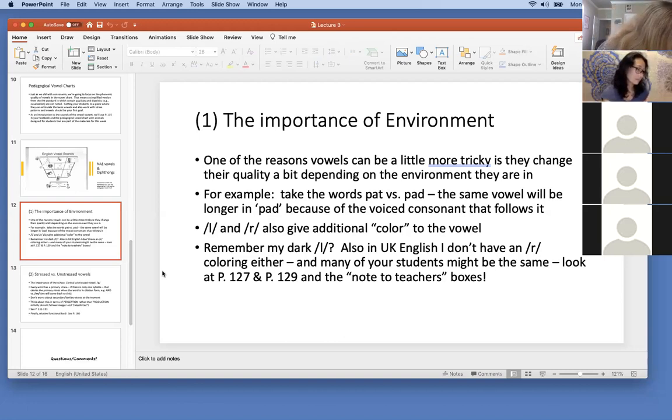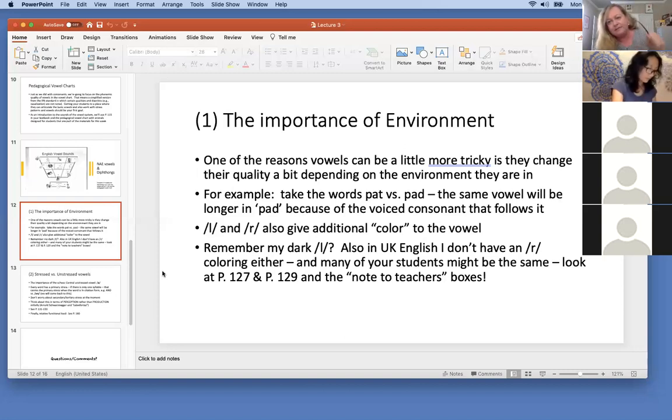And if you look at the note to teachers box directly underneath, many learners, especially those who speak open syllable languages, but also learners that have learned English as open syllable, so Southern Standard British vowels will be open syllable, will have severe difficulty pronouncing R-colored vowels in one syllable words like fire and hour.